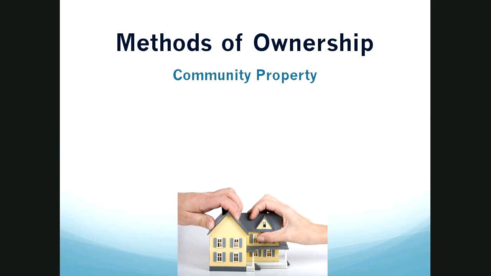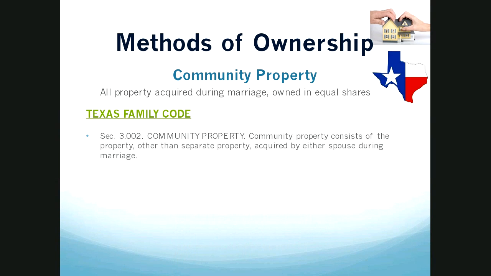All right, so now that we know what separate property is, now we can talk about what community property is. Your book says all property acquired during marriage owned in equal shares. In Texas, the statute says community property consists of the property, other than separate property, acquired by either spouse during marriage. So community property is everything other than separate property that you acquire while you're married.